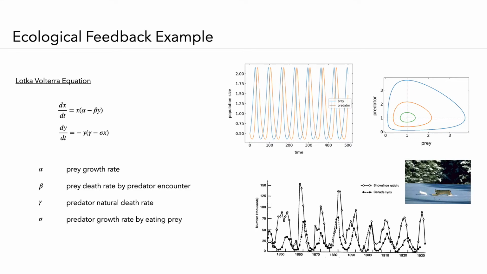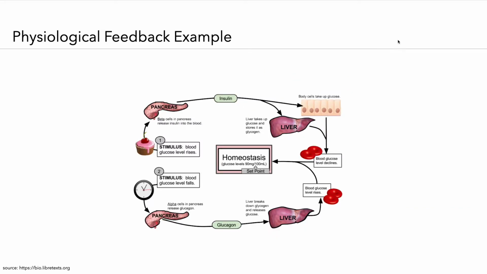So this is a simple ecological feedback example, and a simple physiological one is, of course, what I described also in the lecture notes, which you've probably learned about in your school lectures: the glucose level in your blood, which is maintained by feedback cycles at a certain level, around 90 to 100 milligrams per 100 milliliters, somewhere around that.